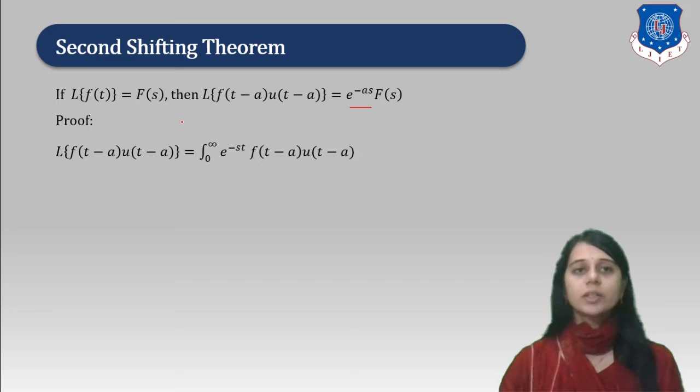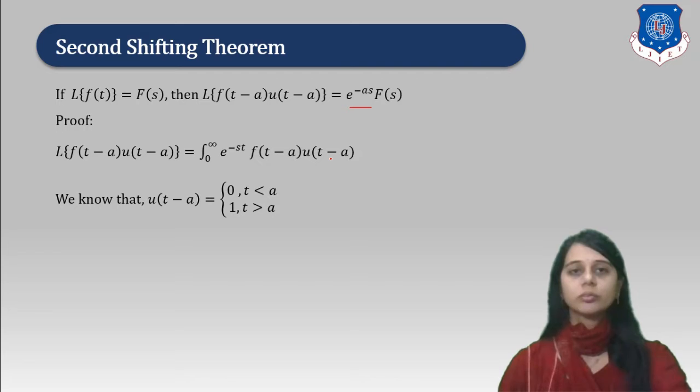First of all, by the definition of the Laplace transform, Laplace of f of t minus a u of t minus a is the integral from 0 to infinity of e raised to minus st f of t minus a u of t minus a dt. But by the definition of the unit step function, the value of this function is 0 when t is less than a and 1 when t is greater than a.